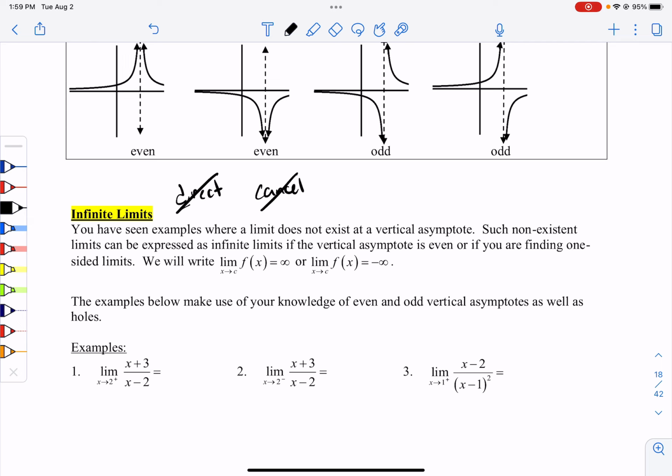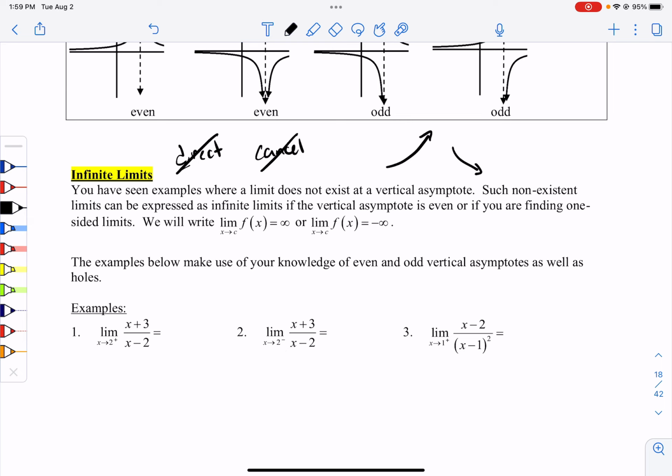So a lot of times when this happens, you have an asymptote, which means that what's happening to your graph is there's not a hole. Your graph is going up to infinity or down to negative infinity, all right?